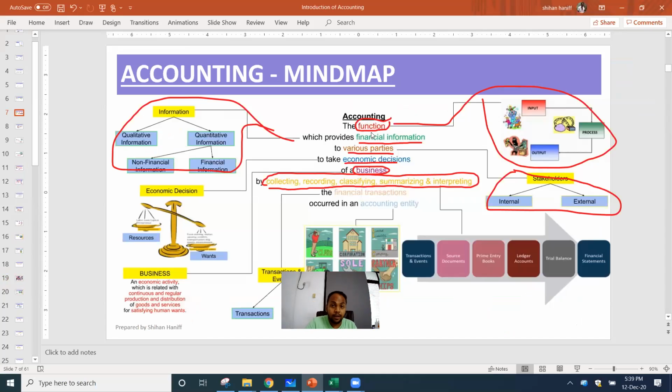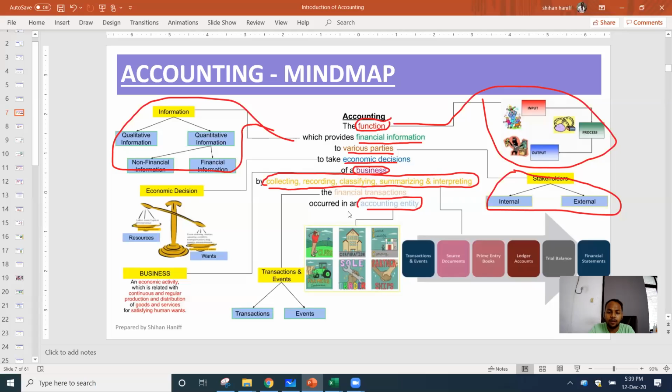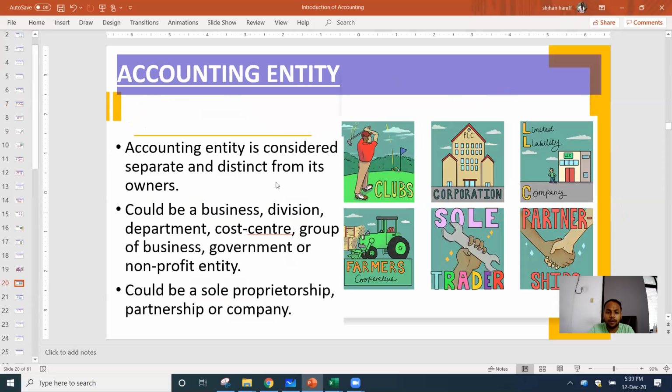Already I explained what is a transaction and what is financial. So a financial transaction includes a monetary term occurred in an accounting entity. Any business, if they have a separate entity, it can be a sole proprietorship, right?